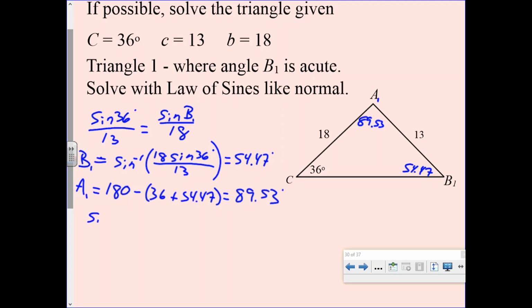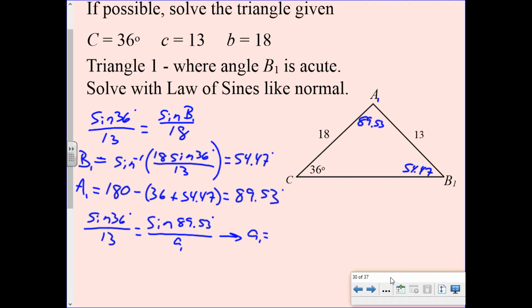So sine 36 over 13 equals the sine of 89.53 divided by side A, call it A1. And again, that's going to lead us to A1 being 13 sine 89.53 divided by sine 36, which comes out to be 22.12.